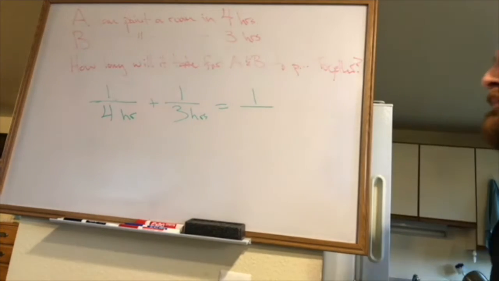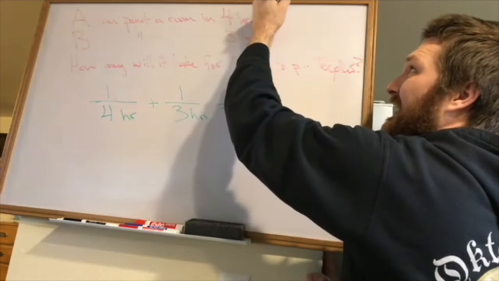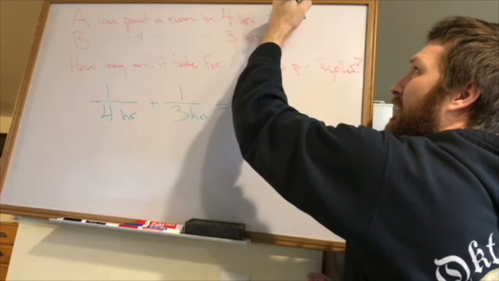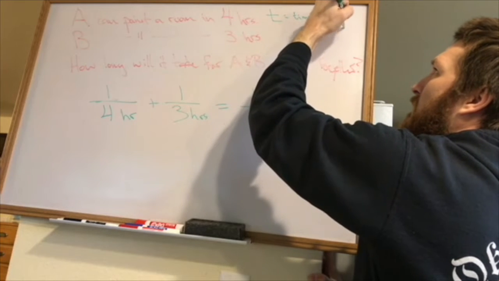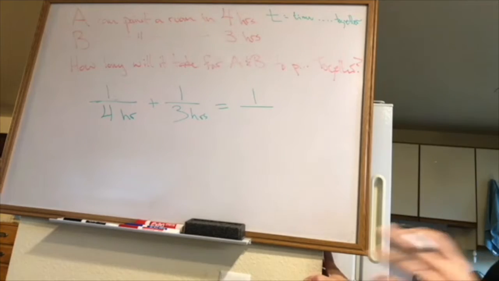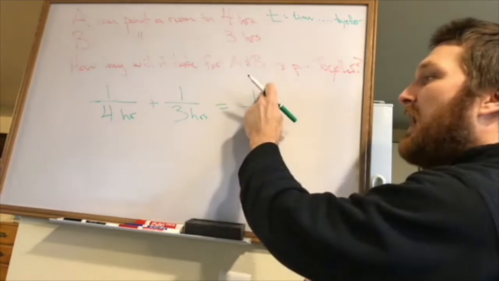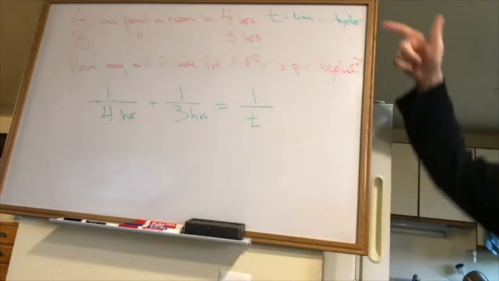Let's give it a name. How about T? T is the time to do the job together, right? Okay, so T is the total time that it takes them to do their job together. One job per that time is that new rate.